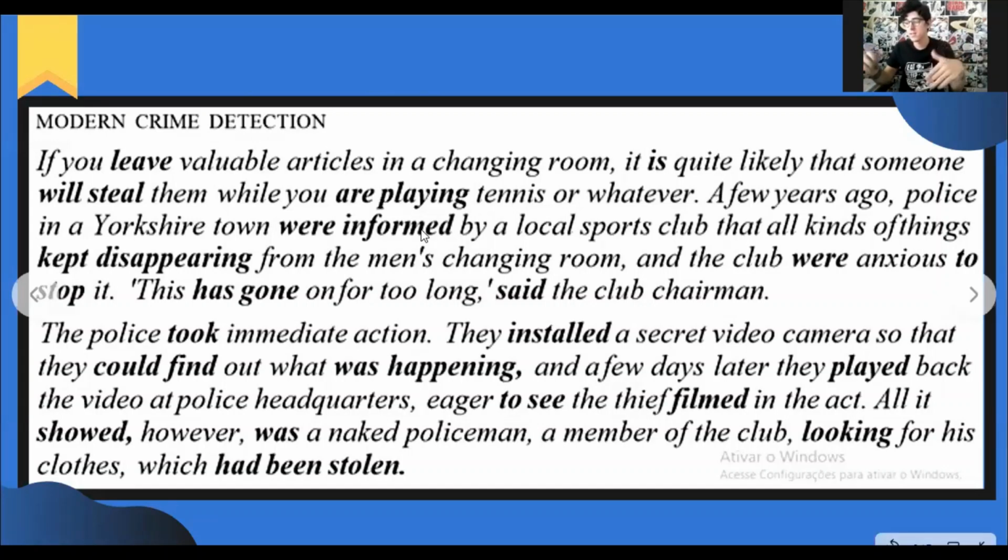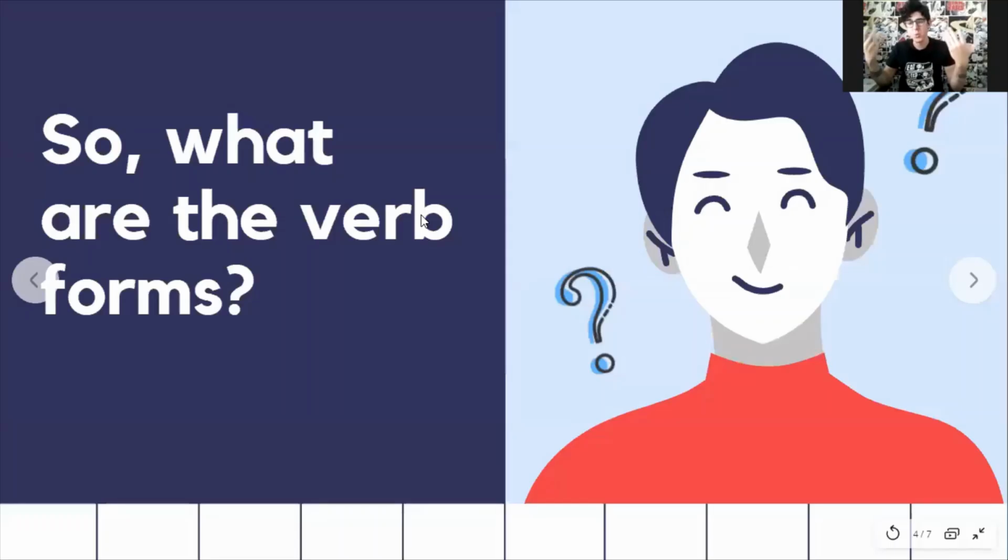The first thing I want you to know: what are the verb forms? The verb forms are the base form, the S form, or the third person singular, when we have he, she, it; the ing form or present participle form; another one that is the simple past form; and the past participle form or the passive form.